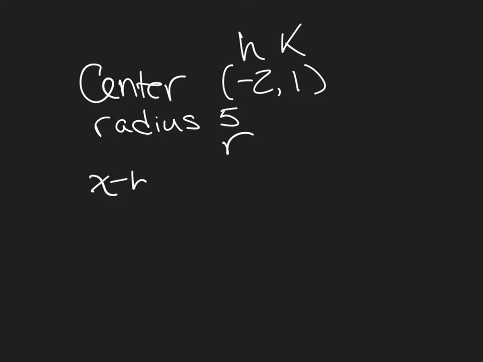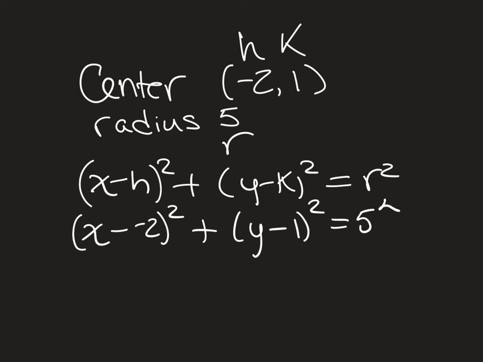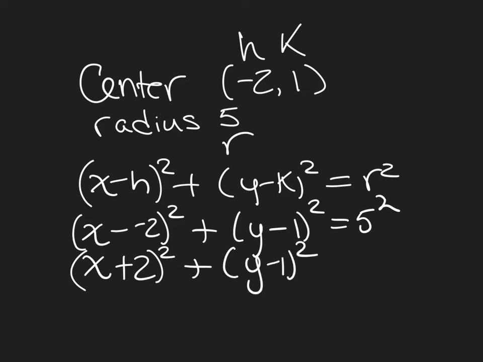So when I do (x minus h) squared plus (y minus k) squared equals r squared, I'm going to plug things in. So I'm going to get (x minus a -2) squared plus (y minus 1) squared equals 5 squared. And I'm going to clean it up one time. So I'm going to do a minus makes a plus. So you do (x plus 2) squared plus (y minus 1) squared, and then 5 squared is 25. So this is my answer.